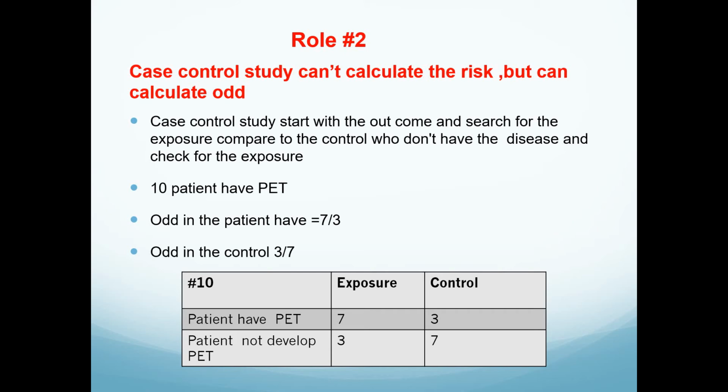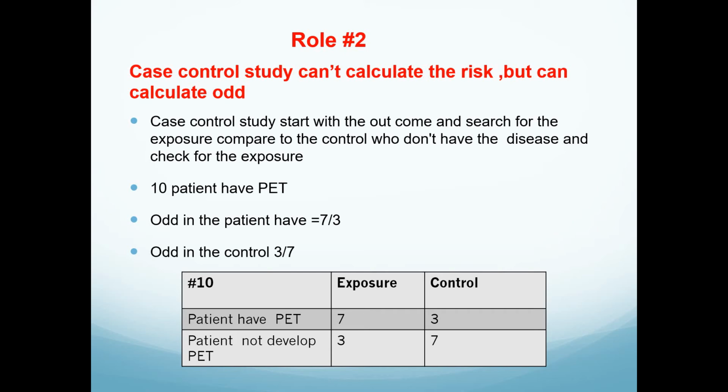A case control study cannot calculate the risk but can calculate the odds. In a case control study, you start with the outcome and search for the exposure, comparing to the control who do not have the disease and checking for the exposure. In our example, we look for 10 patients who have the disease and patients who do not have it, assuming that we are looking for the exposure to anything, subject A. So how many of those patients who have the disease have been exposed to subject A?